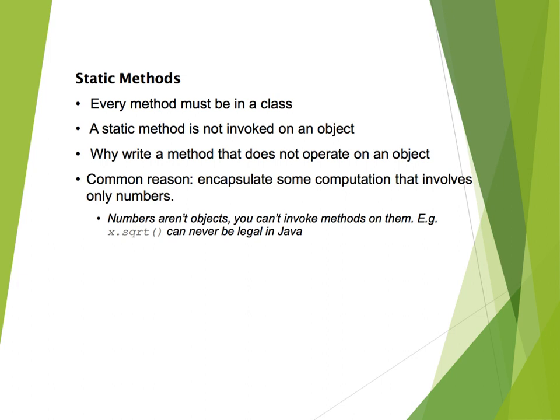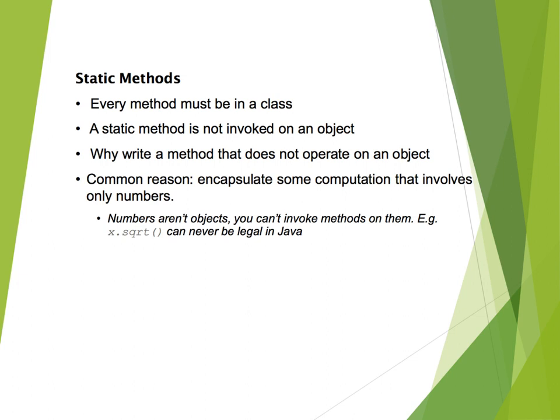So the question is, why should we write a method that doesn't operate on an object? There are many reasons. One that is very common is that doing this will encapsulate some computation that involves only numbers. You know that numbers in Java aren't objects, so you cannot invoke methods on numbers.